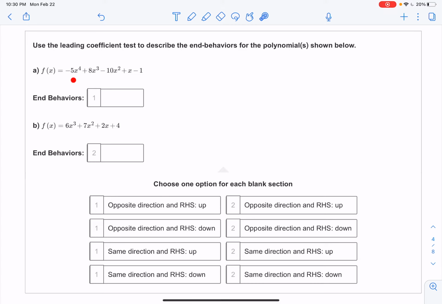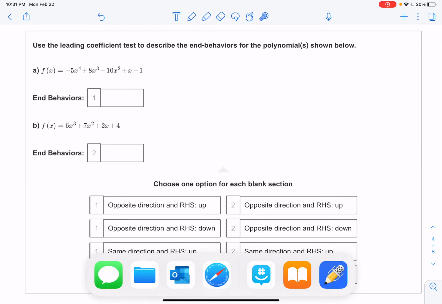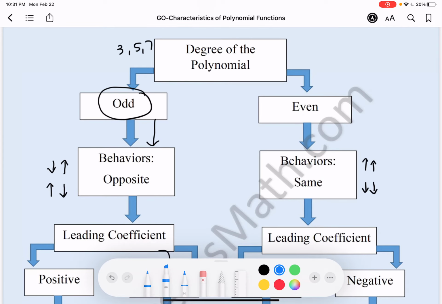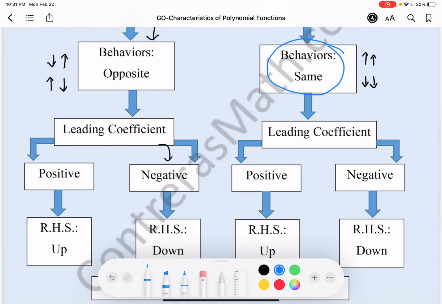Okay, so here I'm going to look at the degree of the polynomial. This one's a degree 4. So I'm going to go over here. And if we have a degree 4, that means we're going in the even direction. That means the behaviors are going to be the same. You're going to look at the leading coefficient and tell me if it's positive or negative.